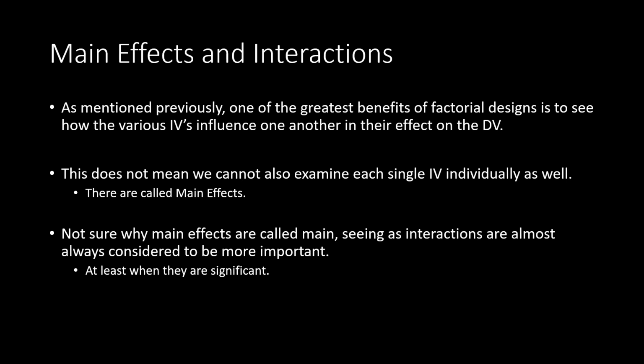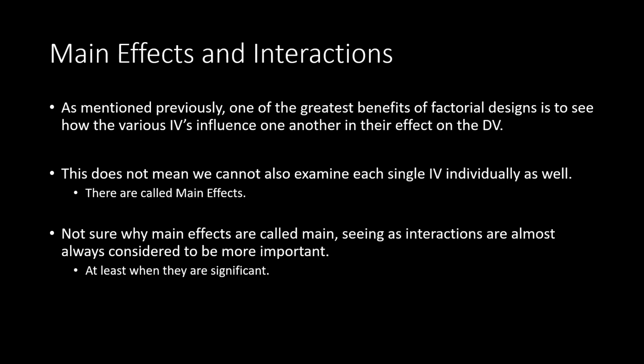Now, it's funny that they're called main effects because almost always when there are significant interactions, people tend to focus on those more. Also, the more independent variables you have in a design, the more types of interactions you're going to have. So if I have two independent variables, I will have two main effects, possibly, one from the first, one from the second, and an interaction between the first and the second.